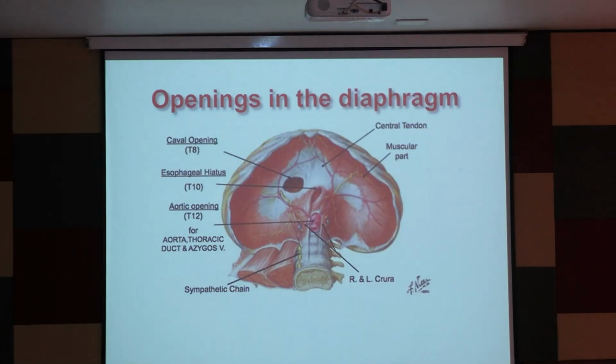They run through these particular holes in the diaphragm. We call them the major openings of the diaphragm. For this diaphragm we have a separate class on nerve supply, blood supply, actions, openings, and the caliber changes of the diaphragm, which are important to us. We'll learn in a separate class.